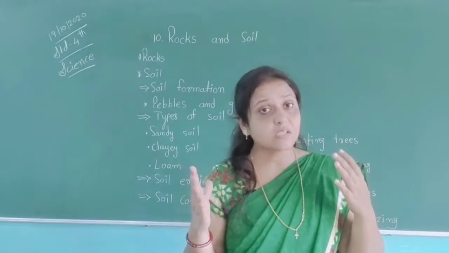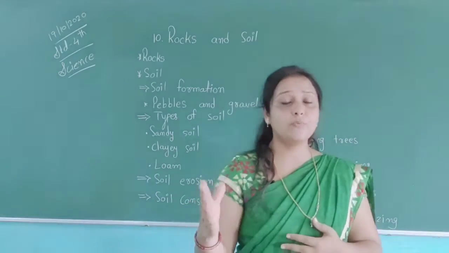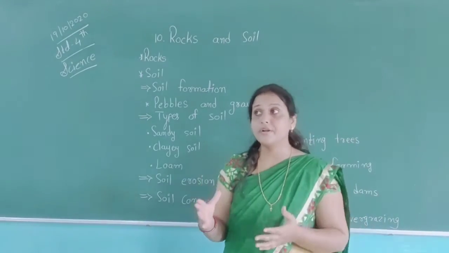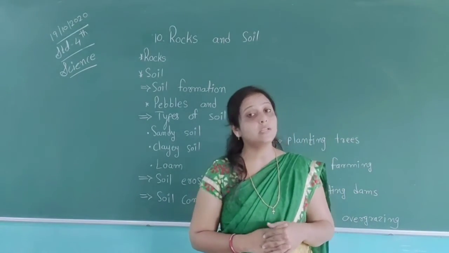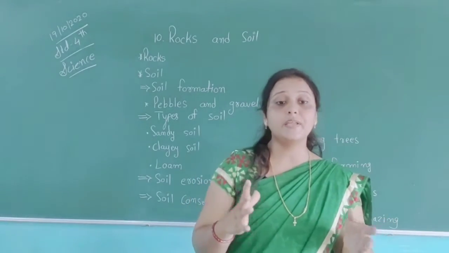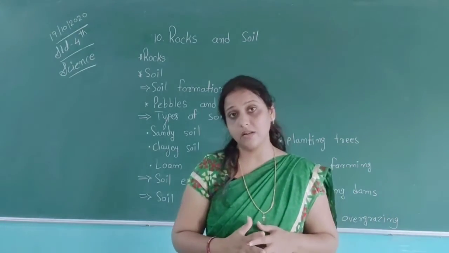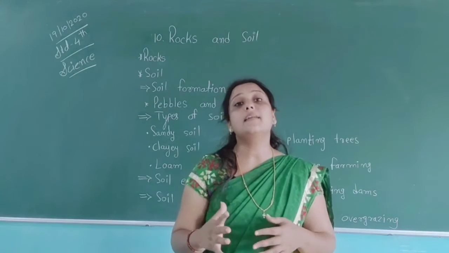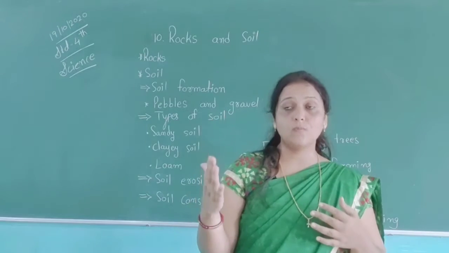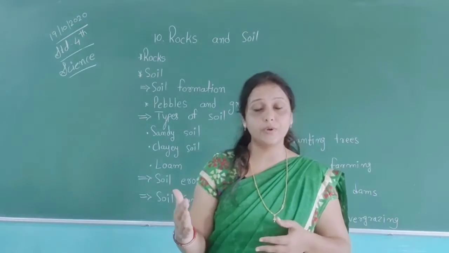When the soil formation process is going on, it takes hundreds and thousands of years. It is not an easy process. On the earth's surface we have different types of rocks, and the rocks get heat from the sun. This process is continuously going on.